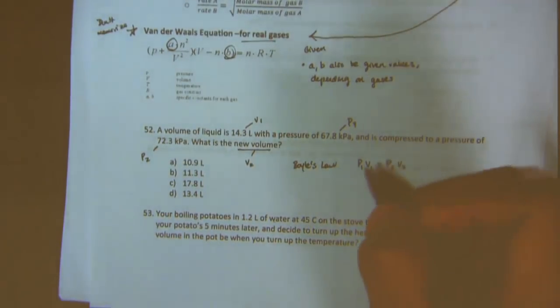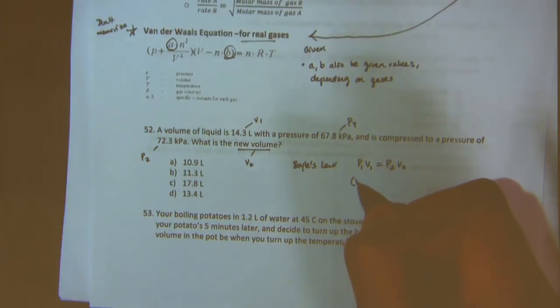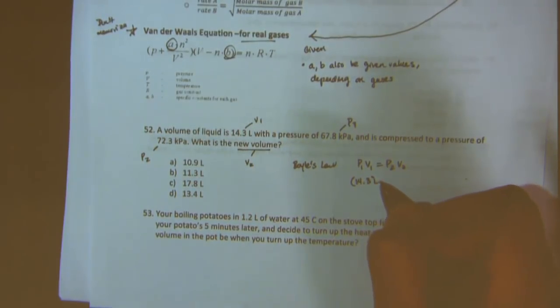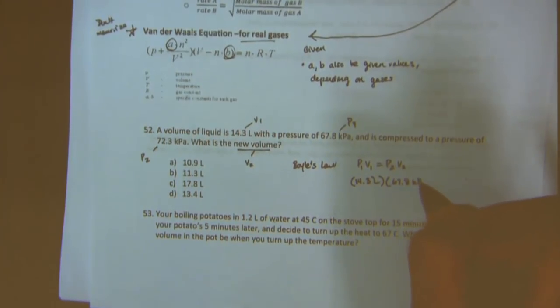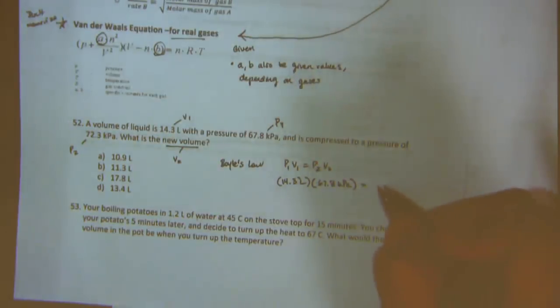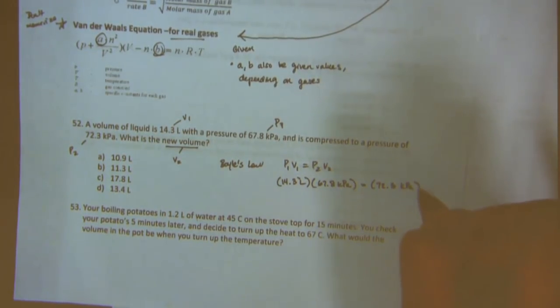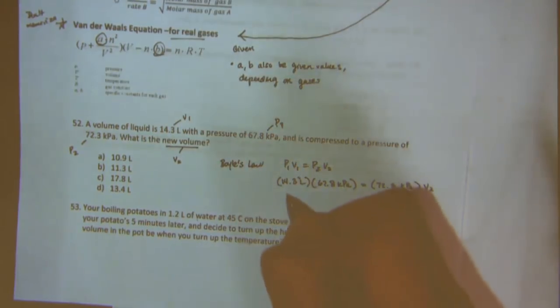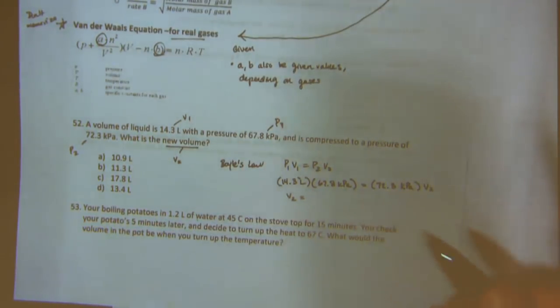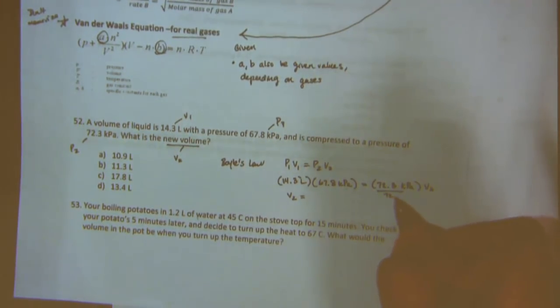We would just plug in our values. So we have 14.3 liters times 67.8 kilopascals. And remember, like I said, the units don't really particularly matter as long as they cancel out. We're looking for volume, and both sides use kilopascals, so that's perfectly acceptable. To find V2, we isolate it by dividing both sides.